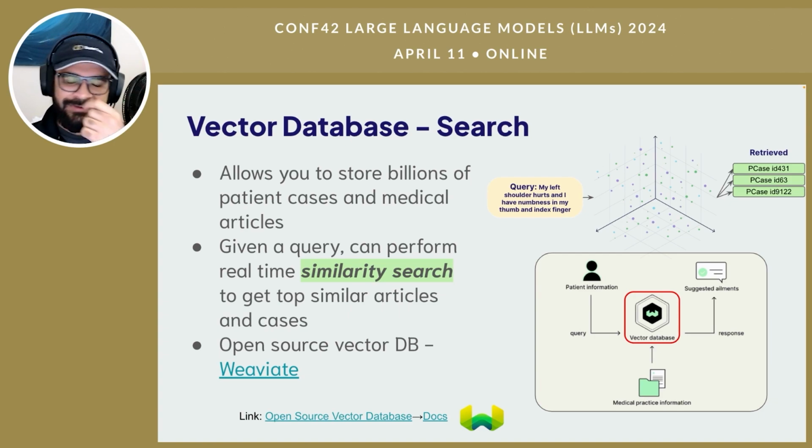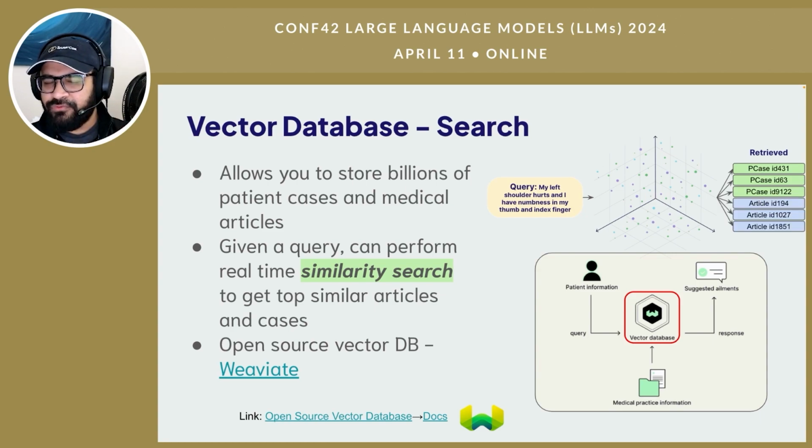From that 170,000, it's going to retrieve the top 3 most similar cases, and if you ask it, it might even retrieve the top 3 published medical articles that are relevant to diagnosing this patient. Now that you have the top 6 relevant data points, these can be fed into a language model, and we'll talk about that in a second.